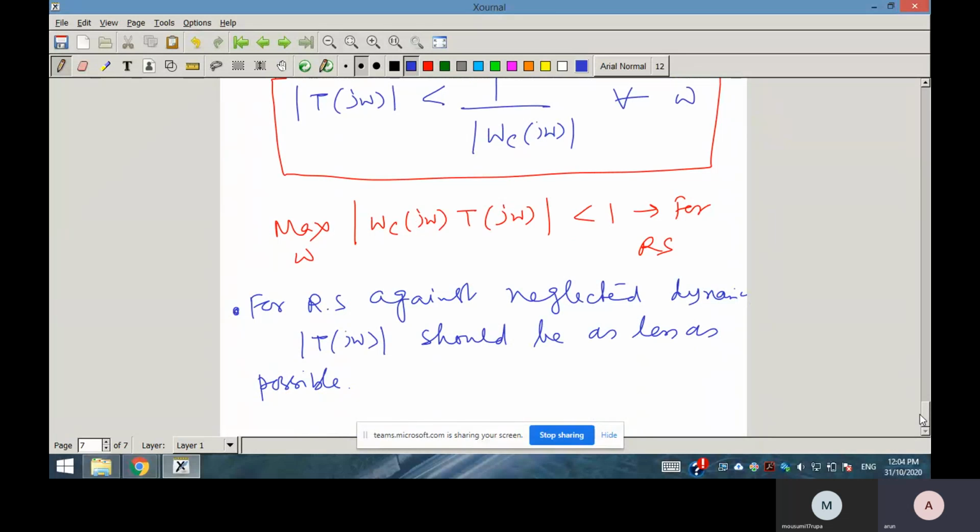So we only have to make T j omega small at high frequency.